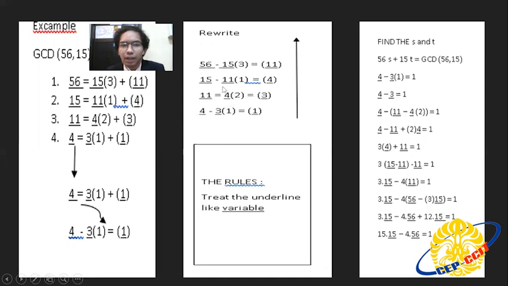So this is the number of 3. Okay, we have 11 minus 4 in the column is 2, equals 3. So we change 3 into this, like this. And this is 11 minus 4 in the column is 2. So how do we erase the column? This is 4 minus 11.